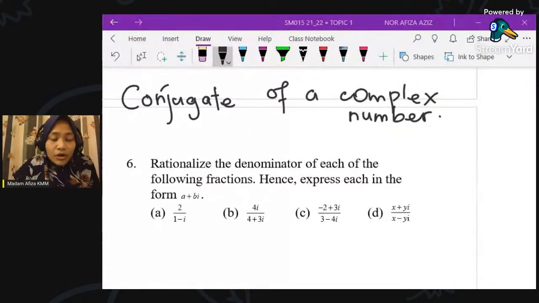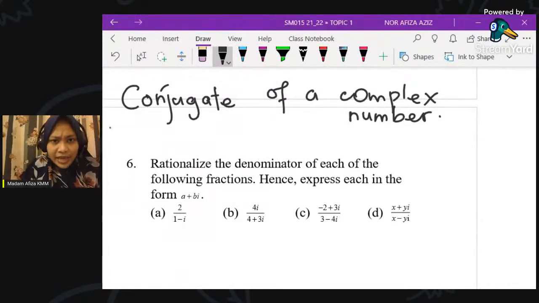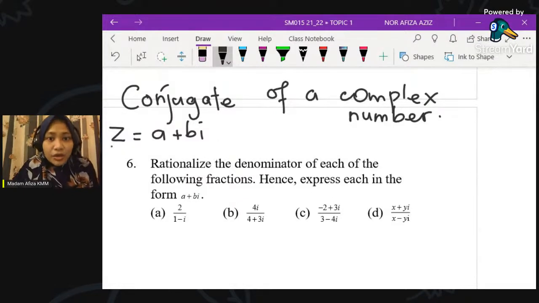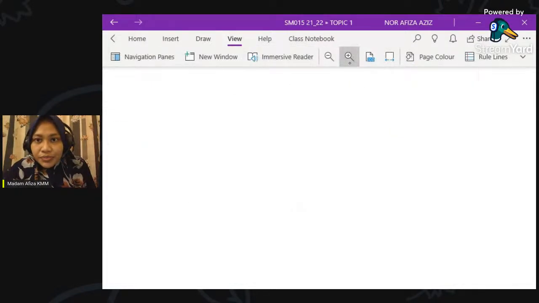Okay, conjugate of a complex number. Say we have a complex number Z equals to A plus BI. Then the conjugate will be Z bar equals to A minus BI. For example, let me show you.